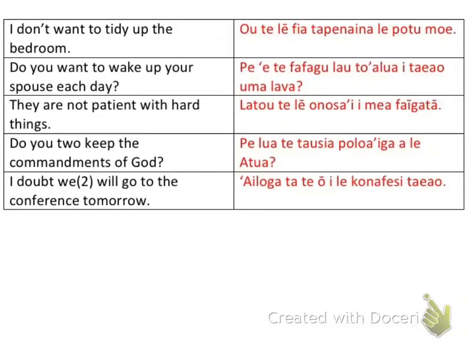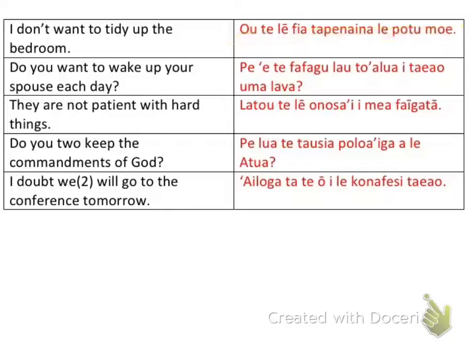So if you translated them right, your sentences should sound something like what I put on the left. If I wanted to say this first sentence right here, O te leifia tapenaina lepotu moi, it would mean something like, I don't want to tidy up the bedroom.